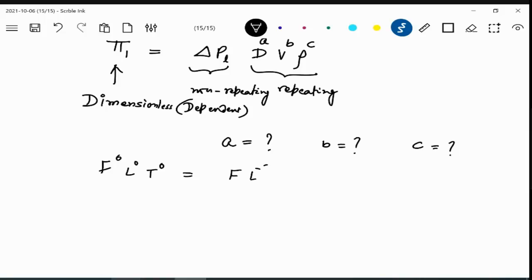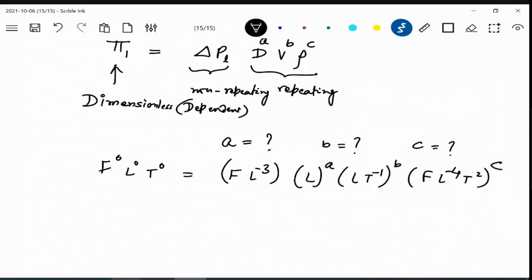Right side is F L minus 3, L raised to the power A, L T minus 1 raised to the power B, F L minus 4 T2 raised to the power C. So you write three equations, one for F, one for L, and one for T, and give me the values of A, B, C.